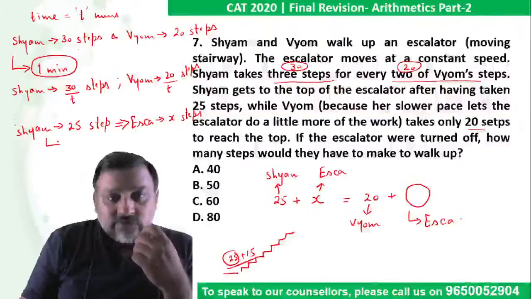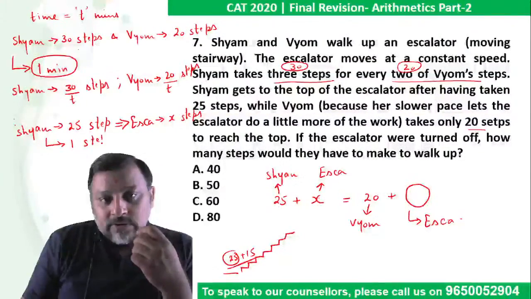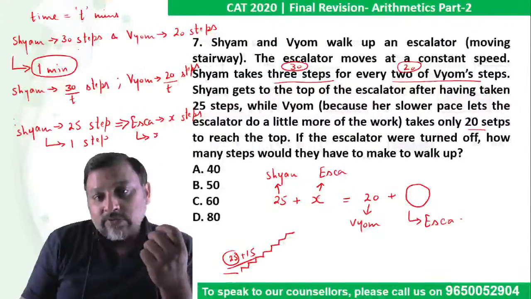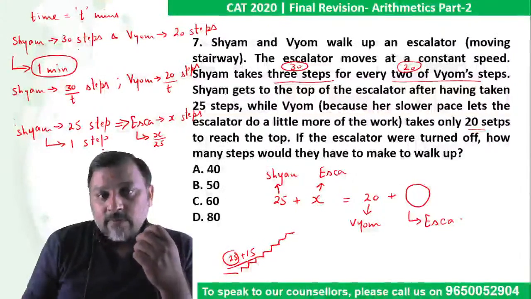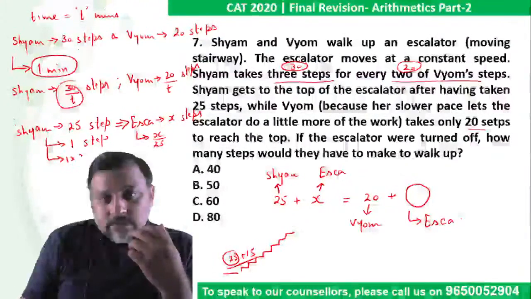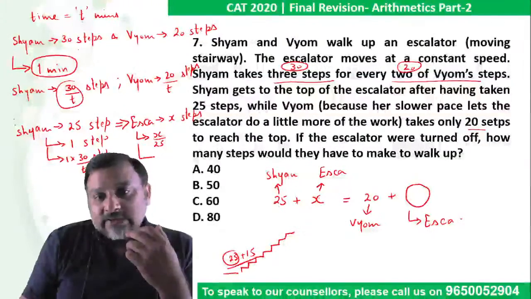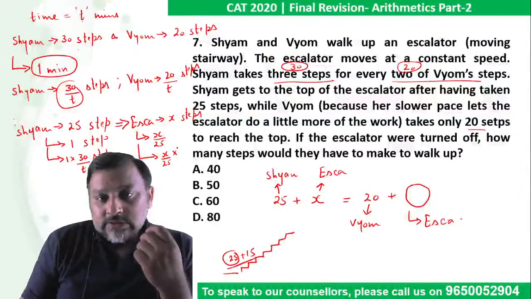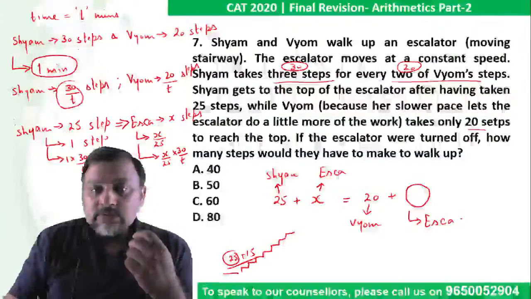So can we say if Sham takes 1 step, in the same time escalator would cover x by 25 steps. And if Sham takes 30 by t steps, in the same time escalator would take x by 25 into this 30 by t steps.